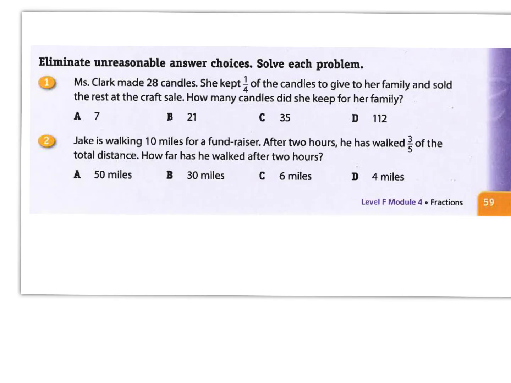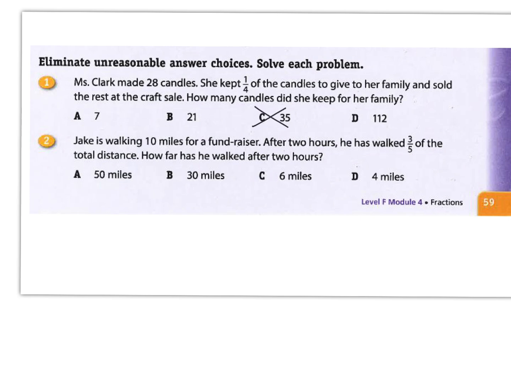This says we're going to eliminate unreasonable answer choices and solve each problem. Miss Clark made 28 candles. She kept 1/4 of the candles to give her family and sold the rest at a craft sale. How many did she keep for her family? Well, remember, 1/4 is less than 28, because 1/4 doesn't even equal one whole. So she only kept 1/4 of them.